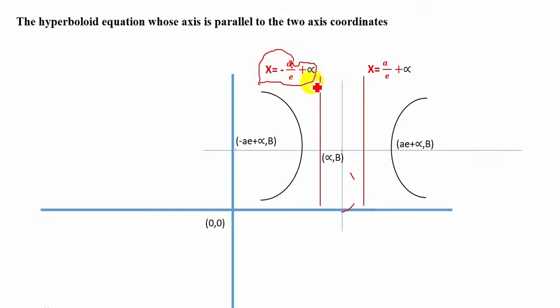So here increased by alpha, here increased by alpha, and here increased by alpha, here increased by alpha, and this a, b, and c. Okay, so the new value for our equation will be x minus alpha squared over a square, y minus beta squared over b square equals 1. That means if I want to ask you how much x or how much y will be, if I give you alpha and I give you beta, you will get our original axes.